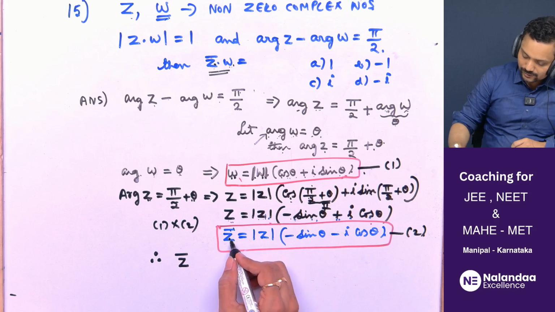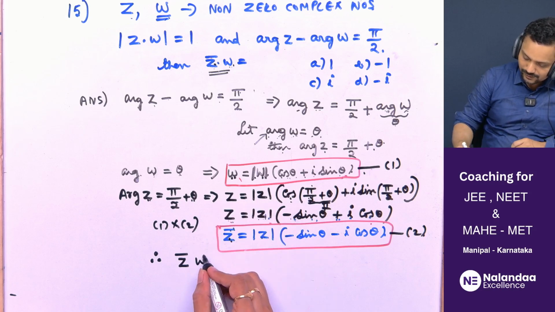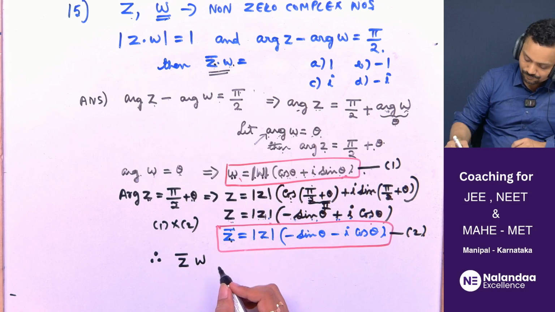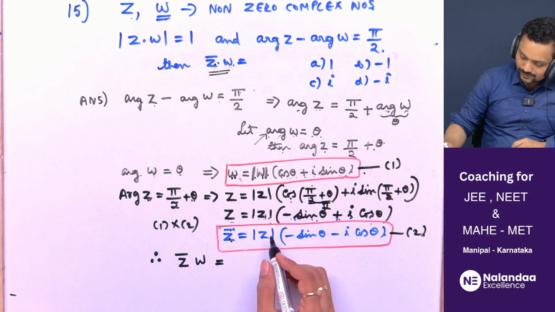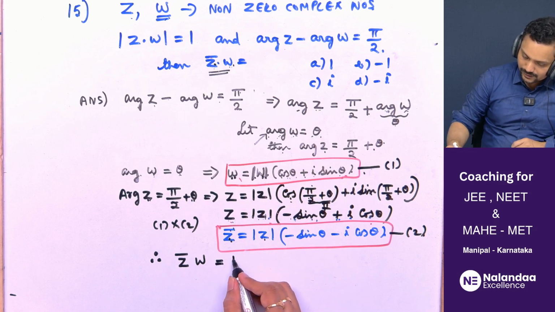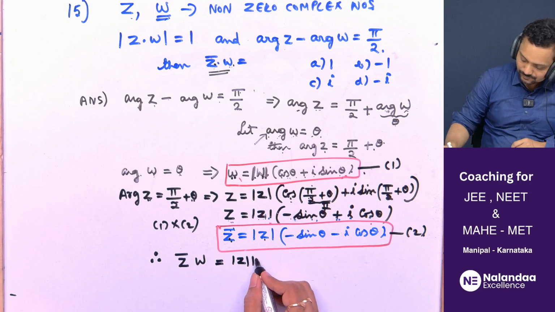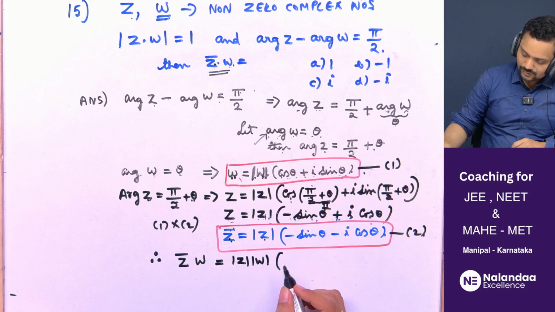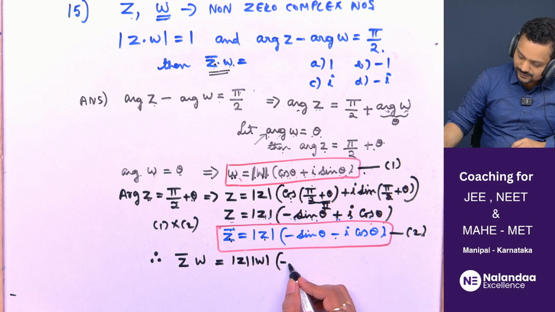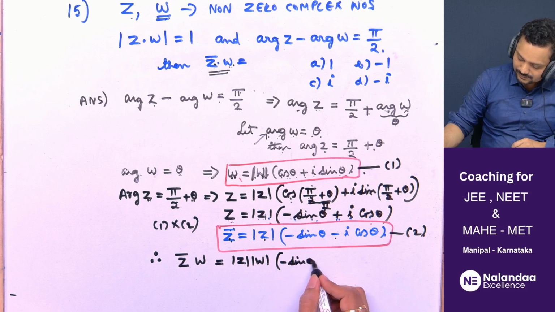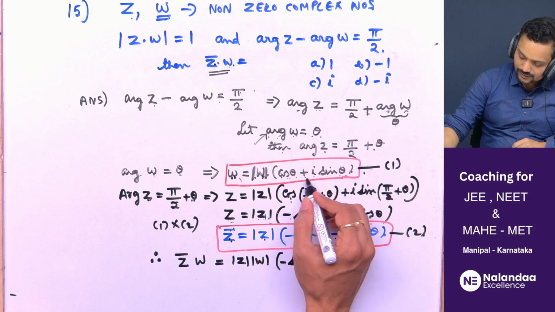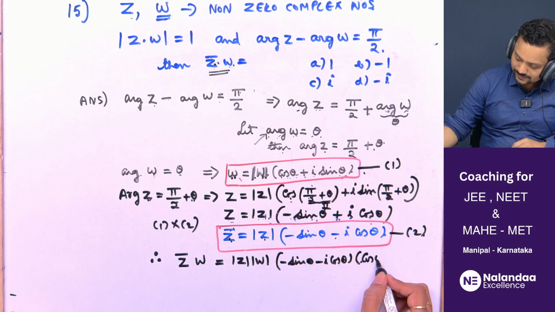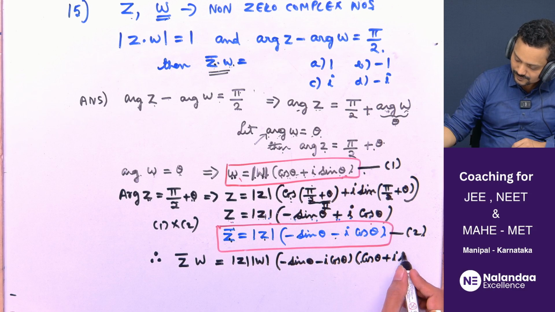So if you multiply, you will get z bar into omega, in fact, that is the question, is equal to mod z into mod omega into minus sin theta minus i cos theta into cos theta plus i sin theta. So you get it like this.